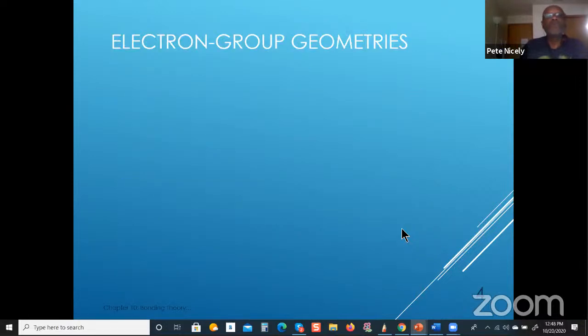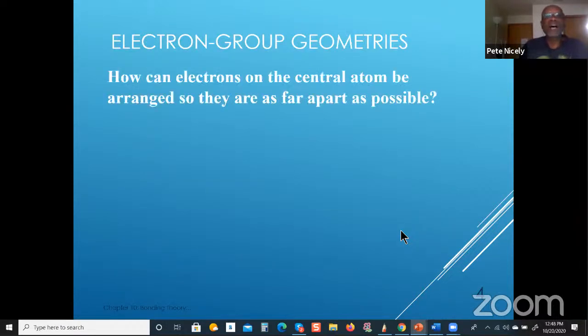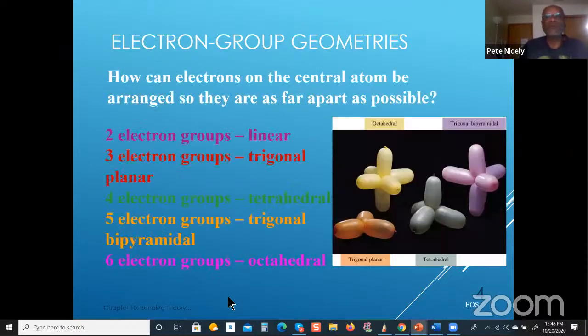Okay, so just to show you the electron group geometries that we'll be dealing with in this chapter, if you have 2 electron groups around a central atom, then the shape that's adopted would be a linear shape, right? And a good example of this would be the carbon dioxide example that we saw earlier, all right?